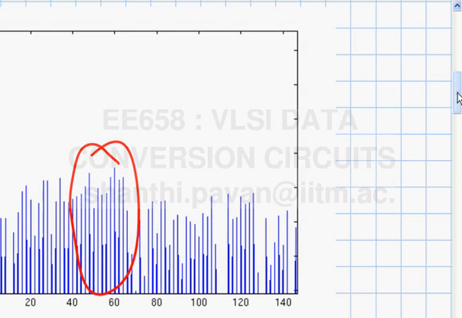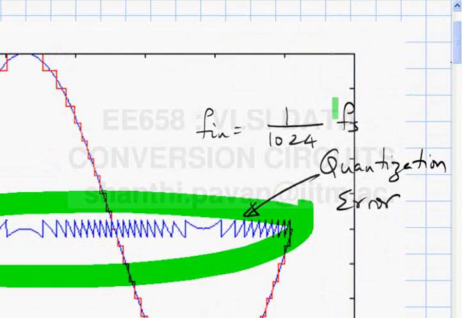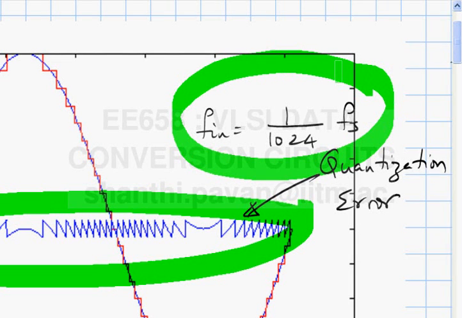Please note that what we are computing here are the coefficients of the discrete Fourier series. But if the input sine wave is very, very slow compared to the sampling rate, at least the first few harmonics must be almost the same as what you would get if you expanded this continuous time waveform.